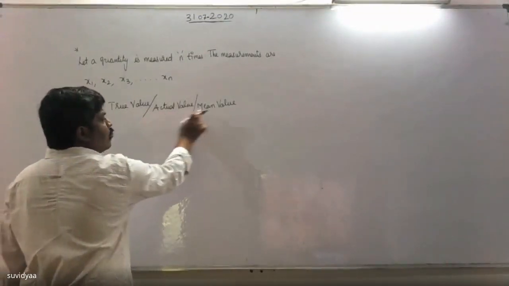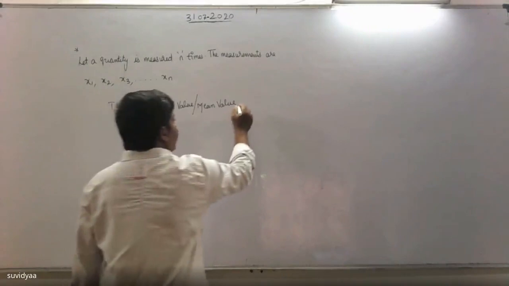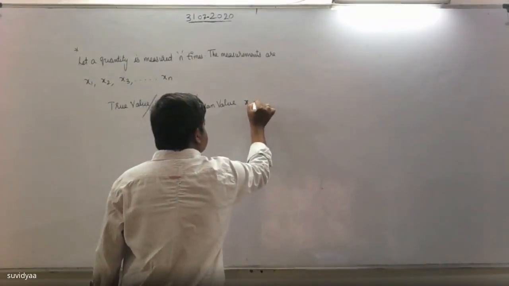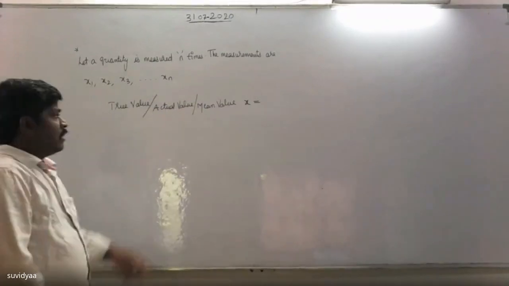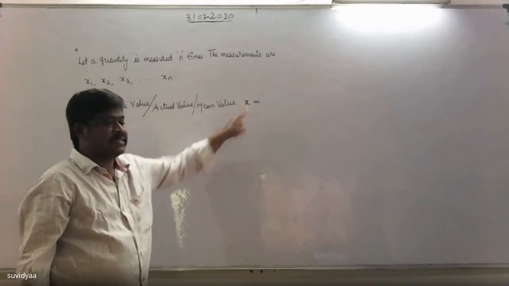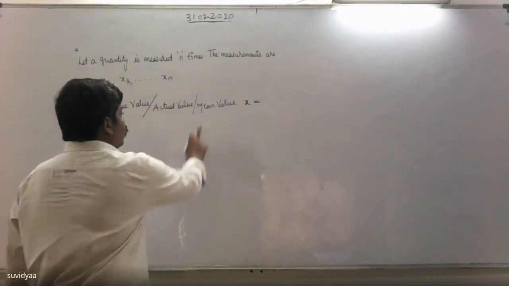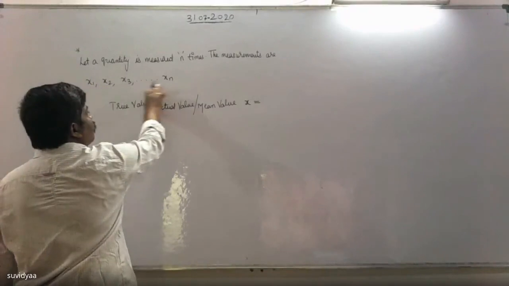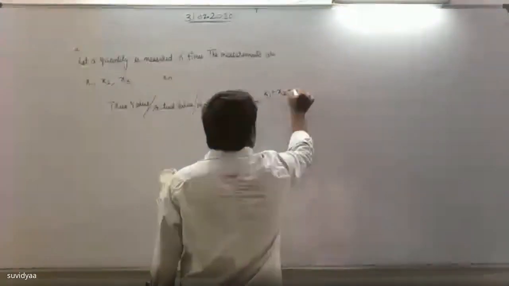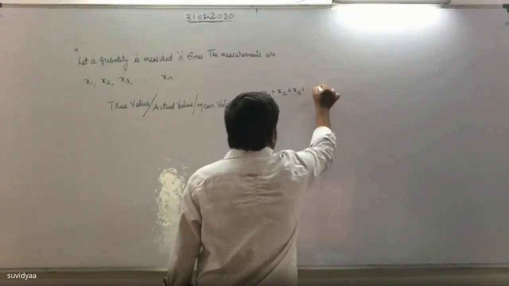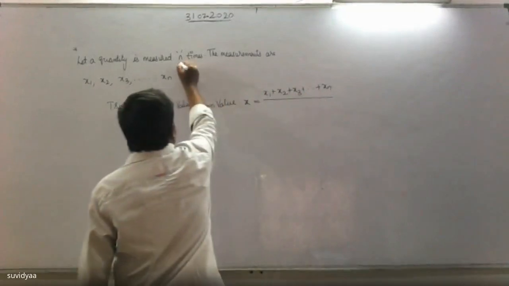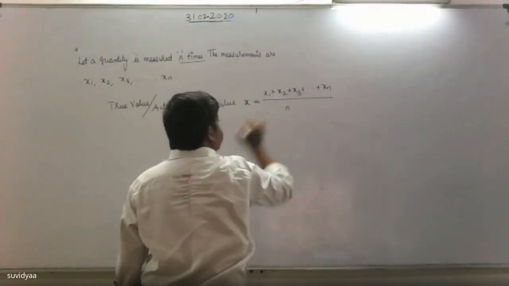It is represented by the symbol X. So X is equal to, mean means add all of them: x1 plus x2 plus x3 plus so on to xn, divided by n.